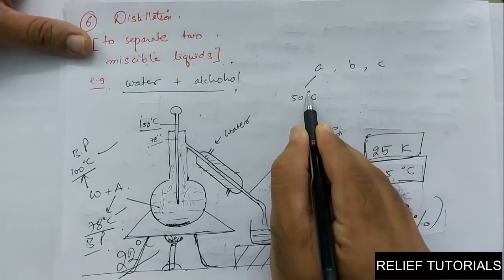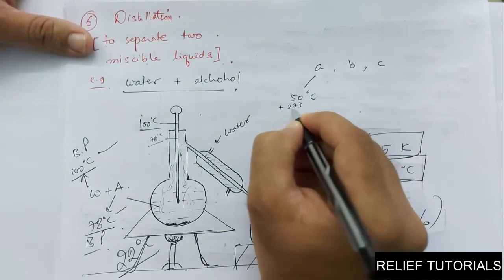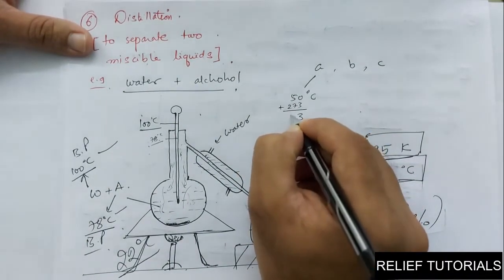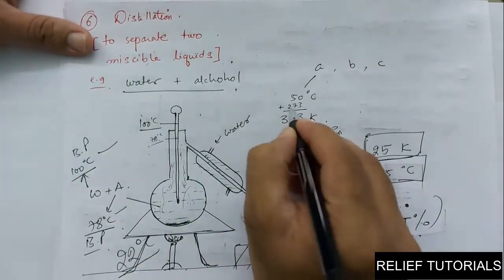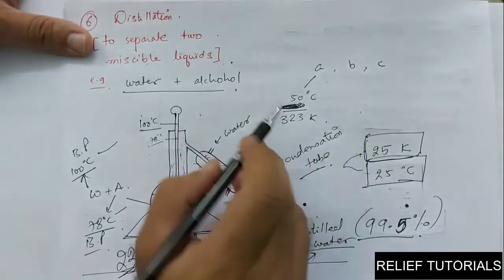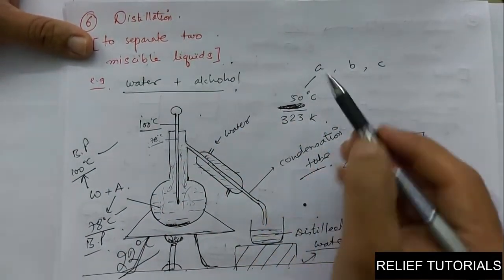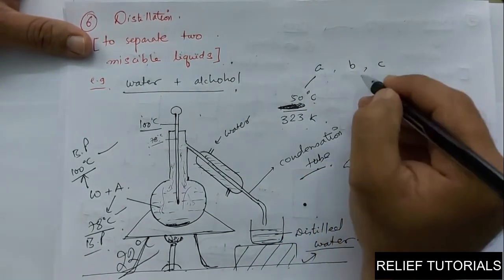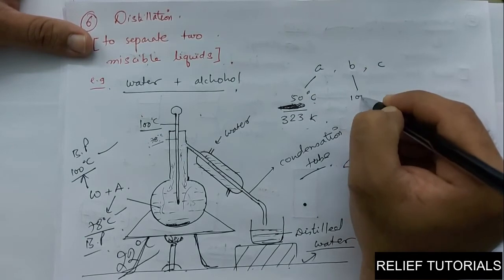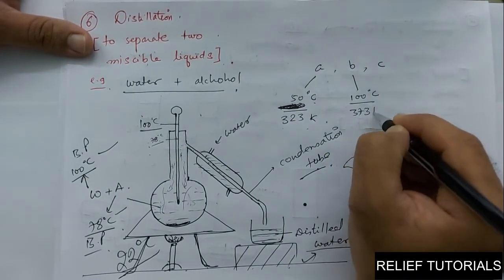To convert degrees Celsius to Kelvin, you add 273. So I think it is 323 Kelvin. I am telling you, the boiling point of A is 50 degrees Celsius, meaning 323 Kelvin.